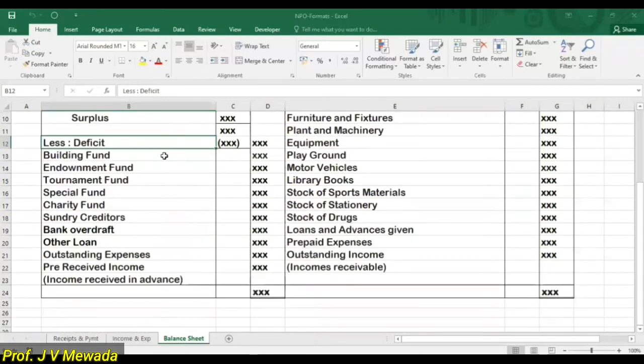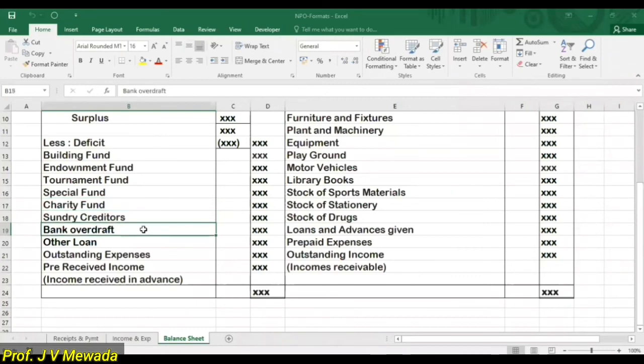Then we are having building fund, endowment fund, tournament fund, special fund, charity fund. So these are all special funds actually. They are shown under a separate heading, meaning they are not part of the capital fund, but they are shown separately. Then we are having sundry creditors.